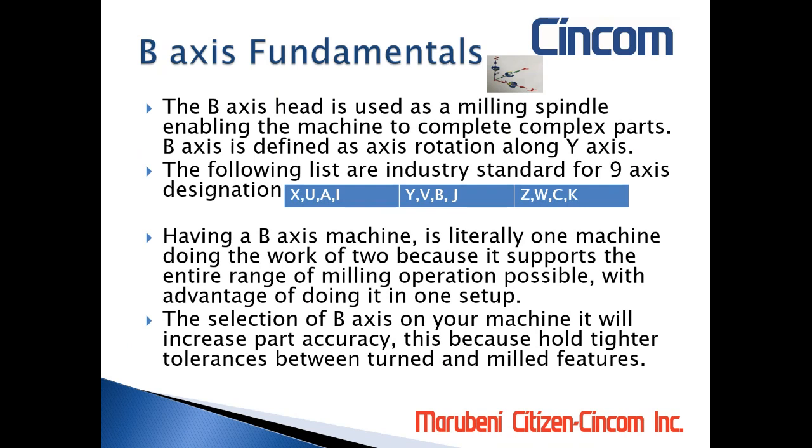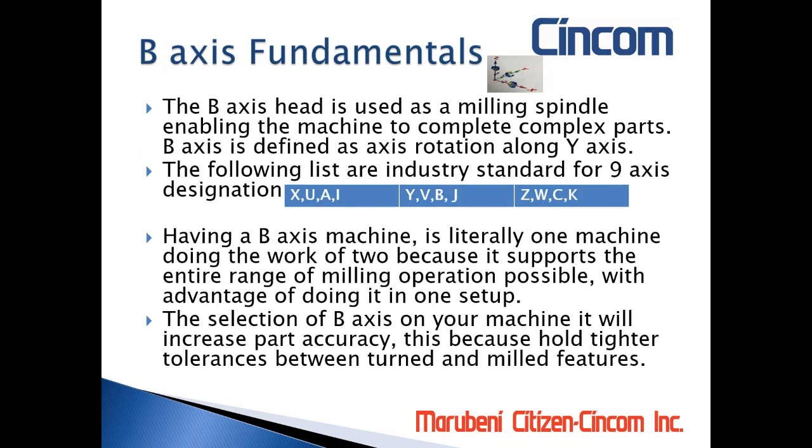Basically, having a B-axis machine is having just two machines in one, and it will support the entire range of milling operations possible, with the advantage of doing it in just one setup.